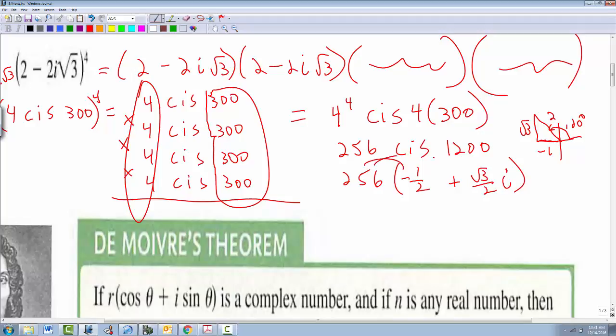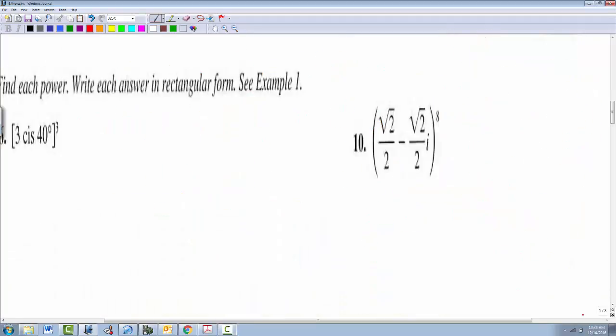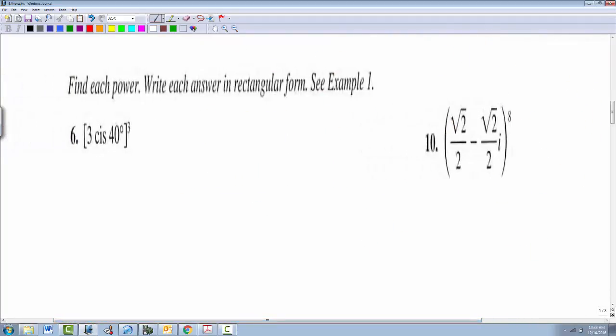And then all you have to do is distribute. What's half of 256? I'm embarrassing myself. I can't think. Negative 128 plus 128 root 3 i. And actually, that's what you would have got if you would have FOILed this 4 times. FOIL, FOIL, FOIL, FOIL. Okay, so the first one is nice.